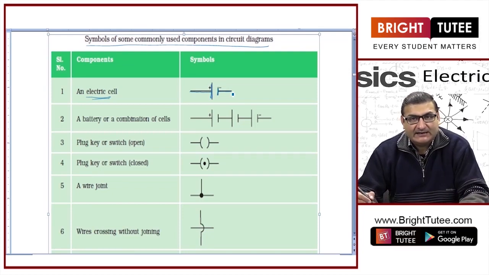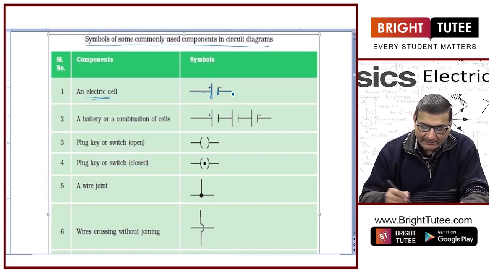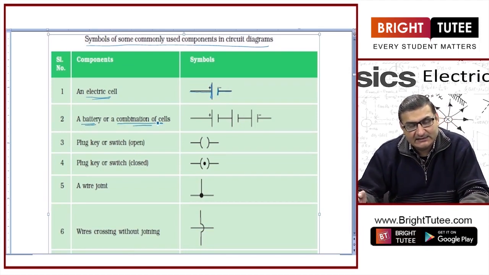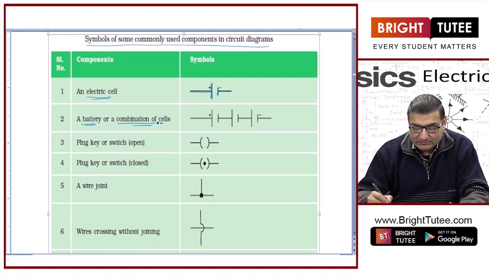But if we connect two cells, or three cells or four cells, then we call it a battery, which is a combination of cells. So this is one cell. In continuation, we have connected this second cell, and then this third cell.